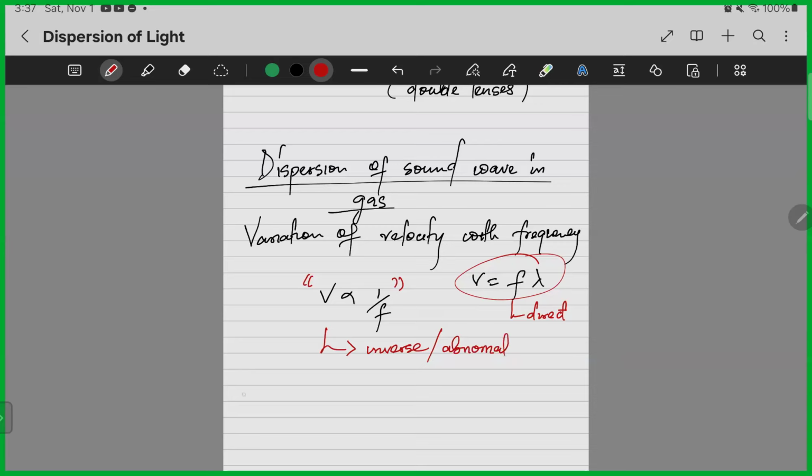This kind of relationship describes an anomalous absorption of sound.